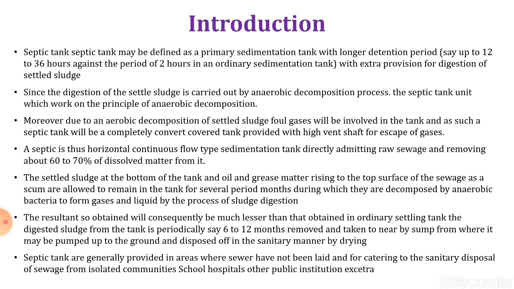The resulting sludge will consequently be much less than that obtained in an ordinary settling tank. The digested sludge from the tank is periodically, say every 6 to 12 months, removed and taken to a nearby sump, from where it may be pumped up to the ground and disposed of in a sanitary manner by drying.